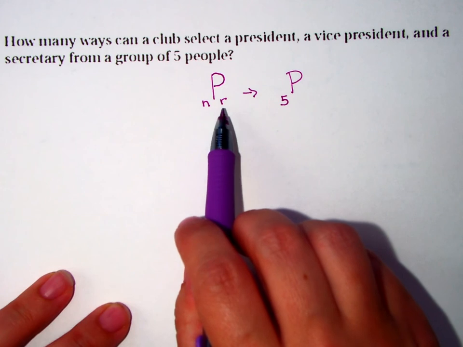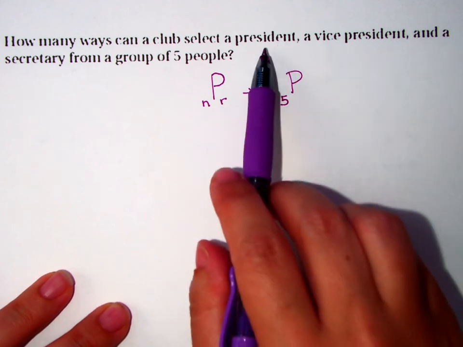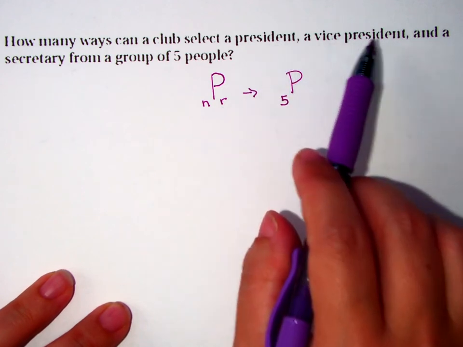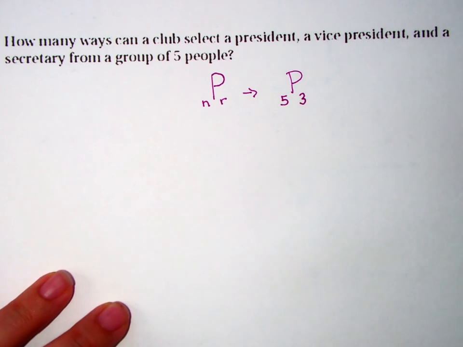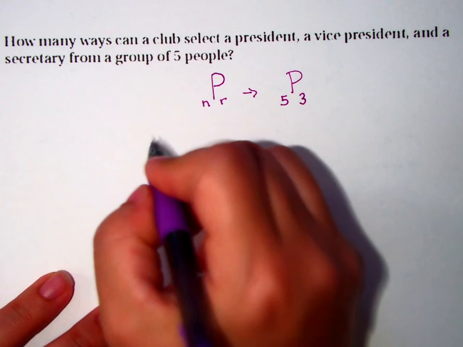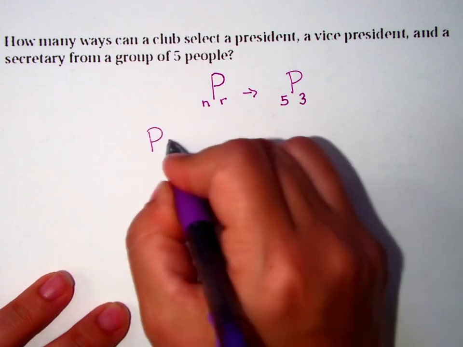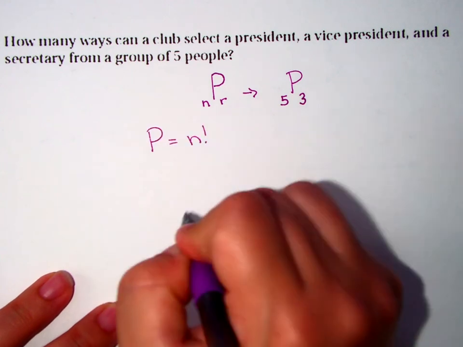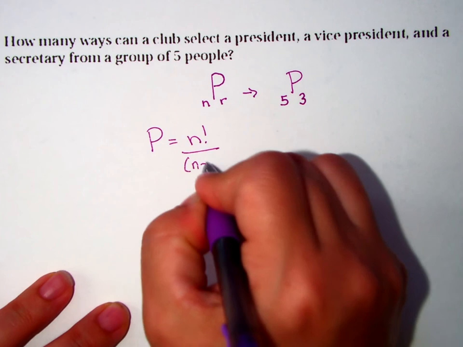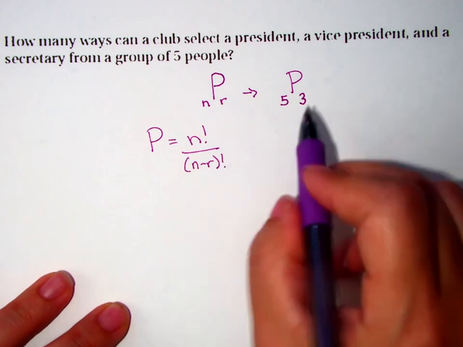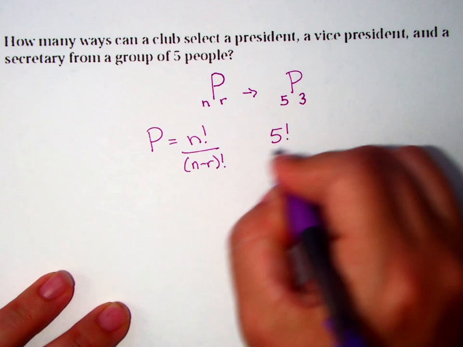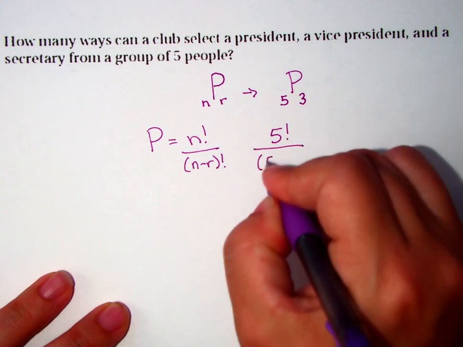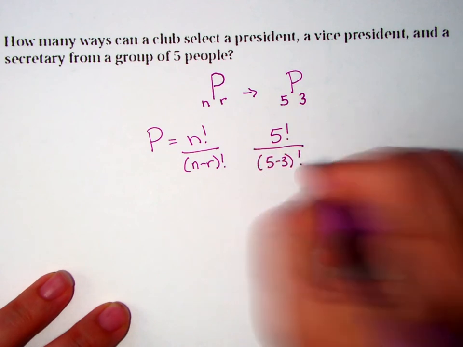How many am I choosing? I'm choosing a president, a vice, and a secretary, so that's 3. Your permutation is n factorial over n minus r factorial. If I plug in my n and r's, I get 5 factorial over 5 minus 3 factorial.